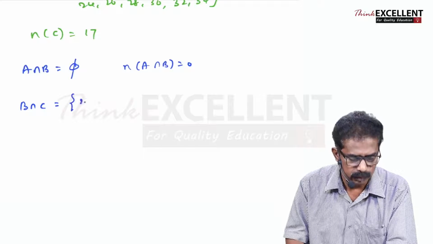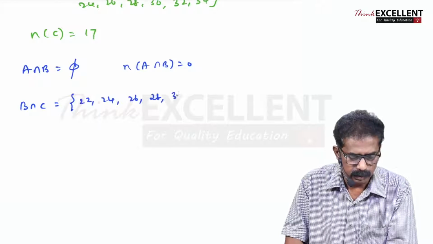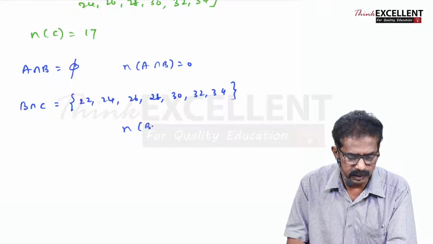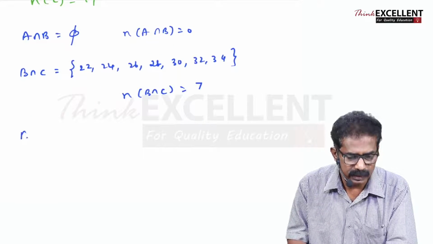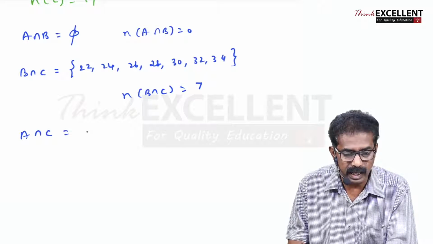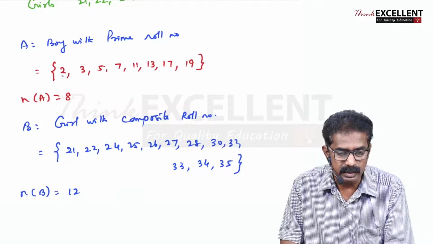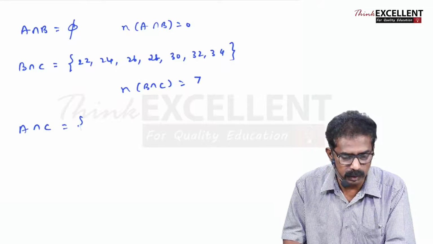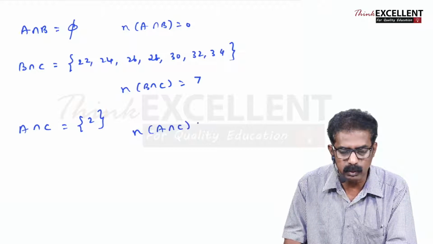If you count, n of B intersection C is 7. So now A intersection C, common for A and C. Please listen, C is all even numbers. A is this. Common means only that one even number, 2. So n of A intersection C is only one number, right?